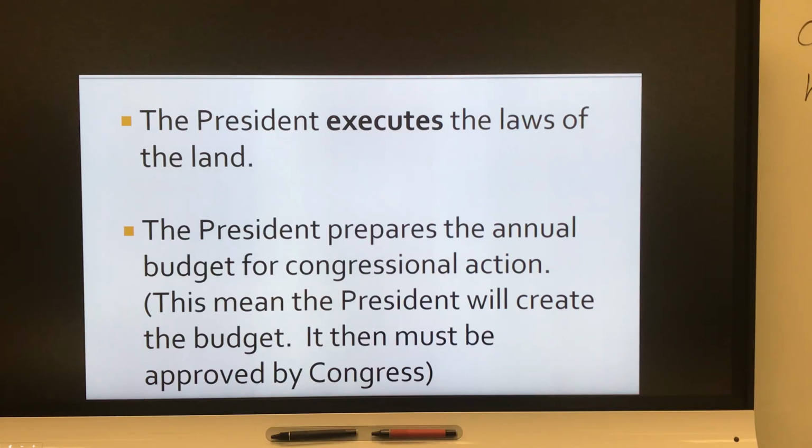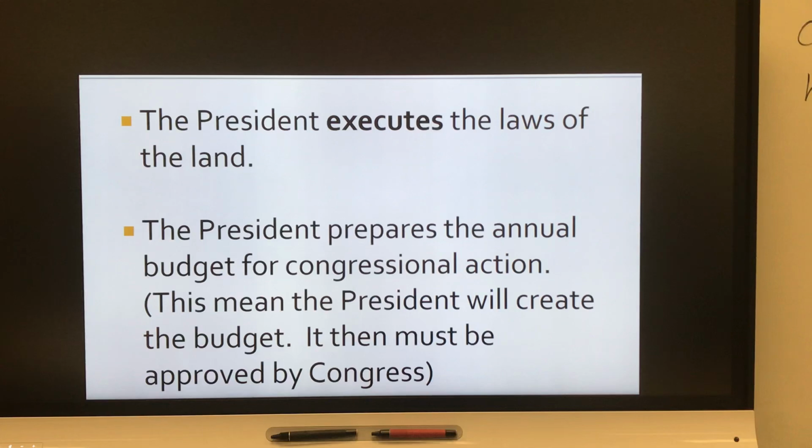Congress has to approve of the president's budget. If Congress votes no, then the president has to prepare a new one. And if they say no to that one, then again he has to prepare a new budget until finally he or she and Congress come to an agreement on how to spend the money.